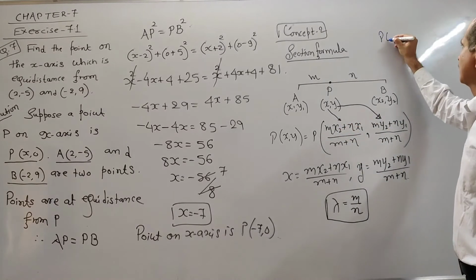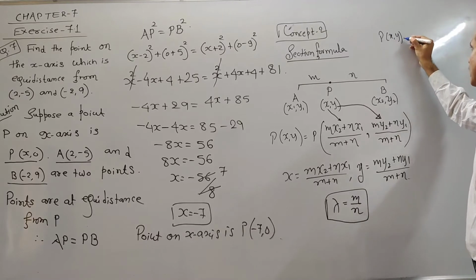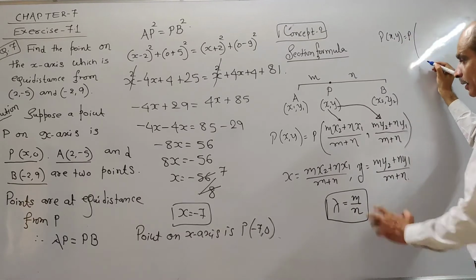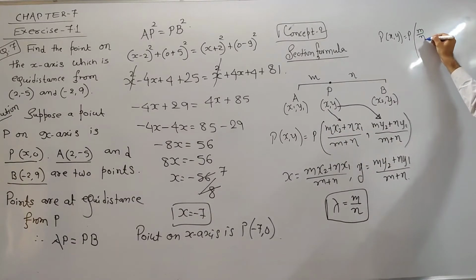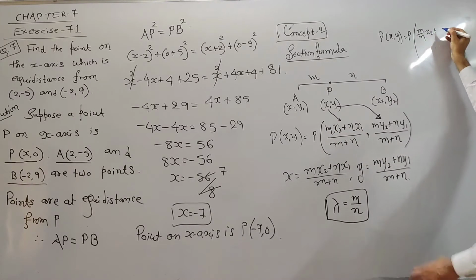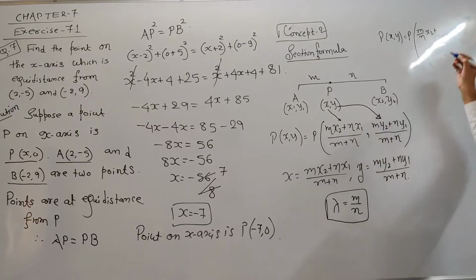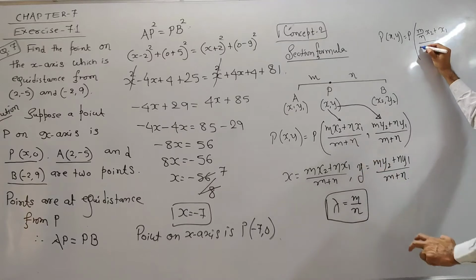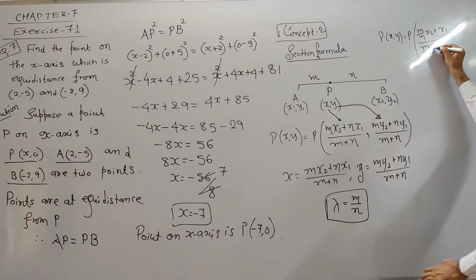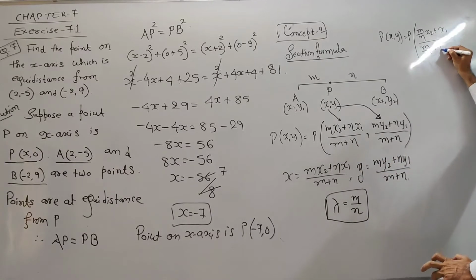So P(x, y) is equal to P, dividing by n, you get (m by n) x2 plus (n by n, which is 1) x1, upon (m by n) plus (n by n, which is 1).